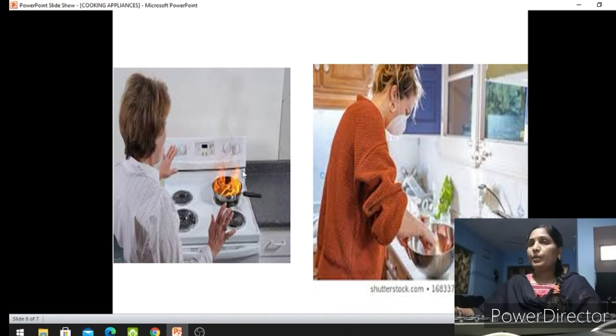So whenever we are storing food, we must see that the container is very neat and clean, and it should not have been used for any other purpose before. It should not have been used for storing any chemicals before. Only such utensils must we use for keeping food items. And also see in this picture the lady is cleaning the utensil, or cleaning the food items and vegetables. Cleaning before cooking is very essential.